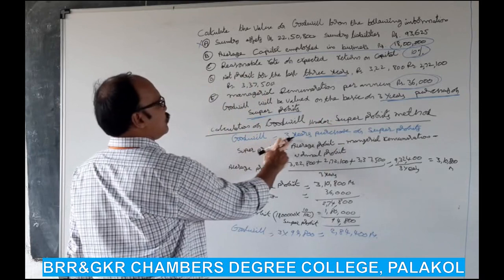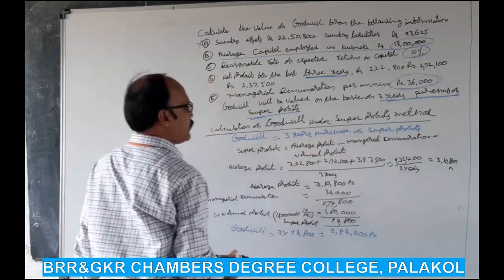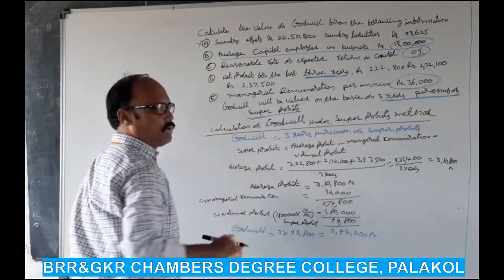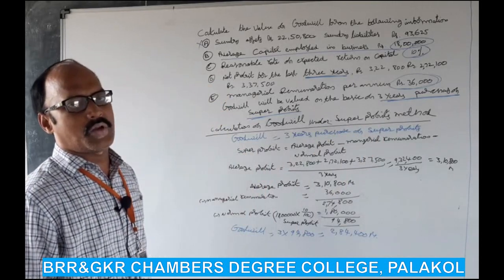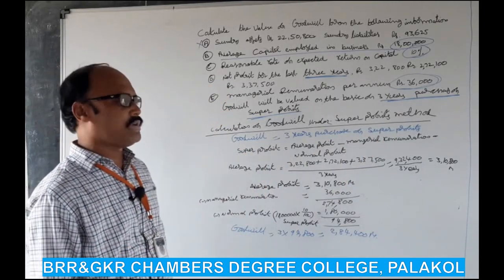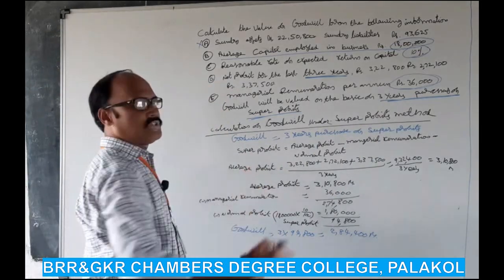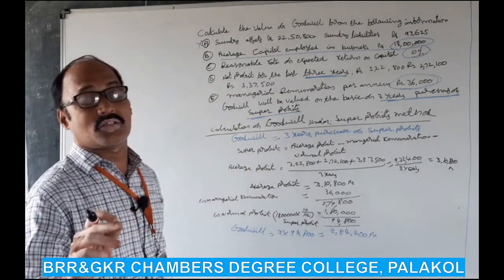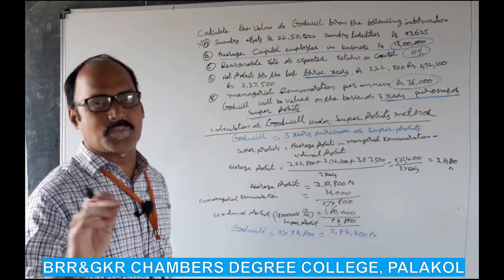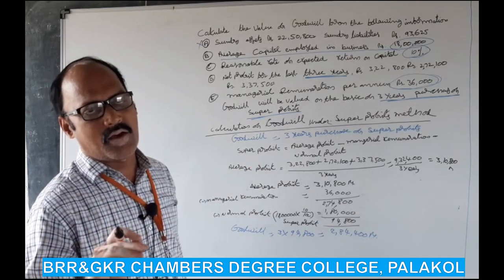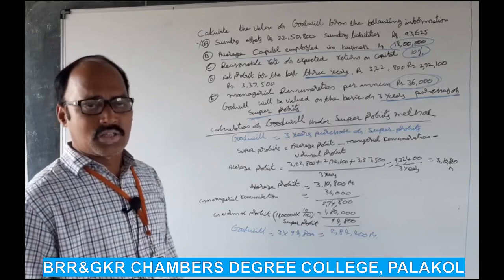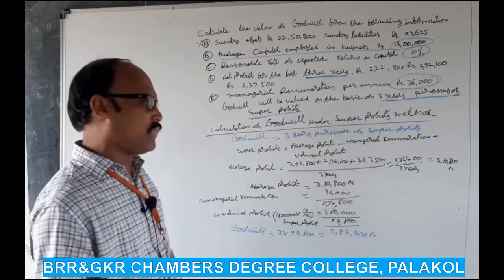Goodwill is equal to 3 years purchases of super profits. Super profit is equal to, what is the principle? Average profit minus managerial remuneration minus normal profit. Average profit is equal to the total of 3 years profits by number of years.